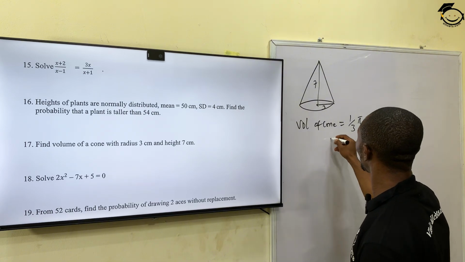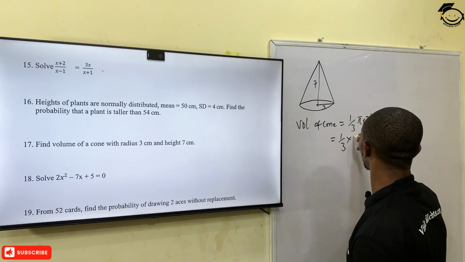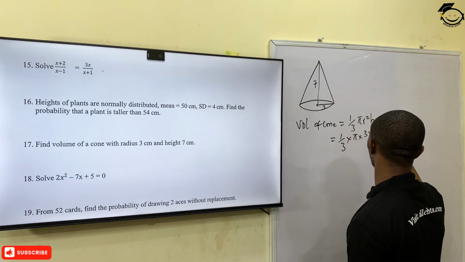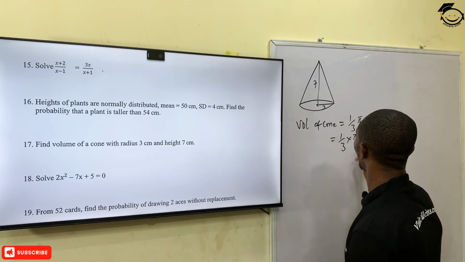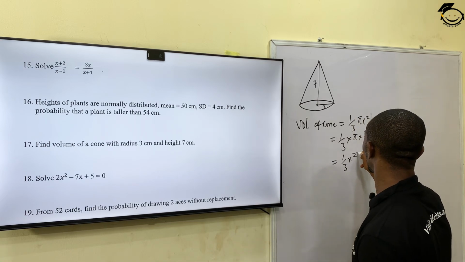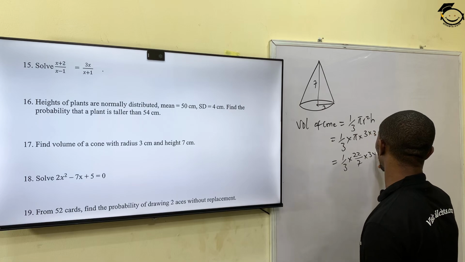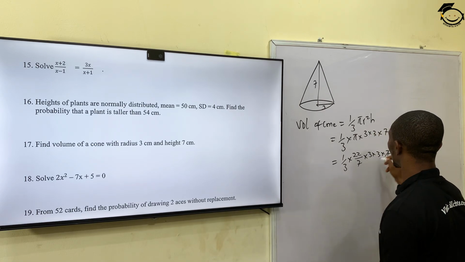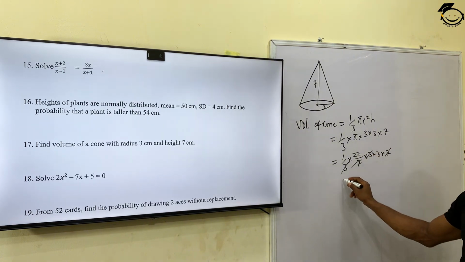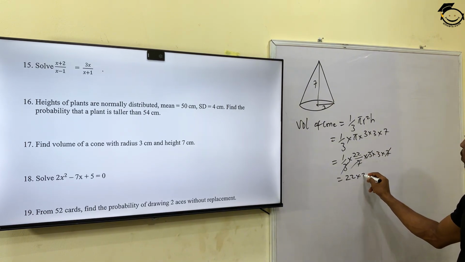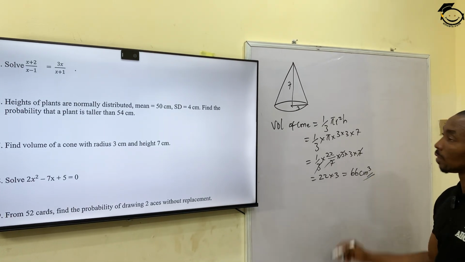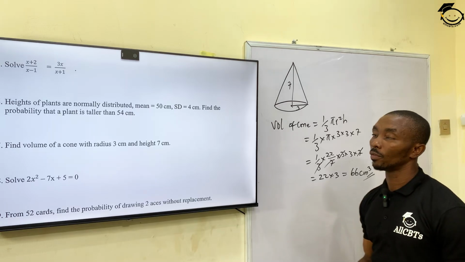So this gives us 1 over 3 times 22 over 7 times 3 times 3 times 7. So 7 will cancel 7 and 3 will cancel 3, leaving us with 22 times 3, which will give us 66 centimeter cube. That will be the volume of the cone.